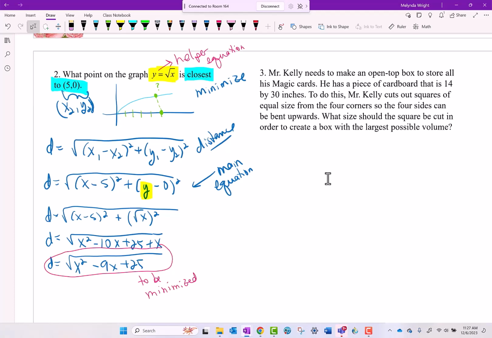To do this, he cuts out squares of equal size from the 4 corners so the 4 sides can be bent upwards. This is a classic kind of problem that you would encounter. What size should the square be cut in order to create a box with the largest possible volume? Here we go. Largest possible volume. Those are the keywords we're looking for.